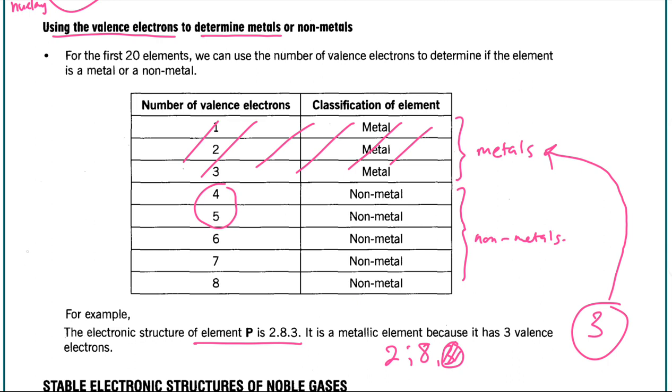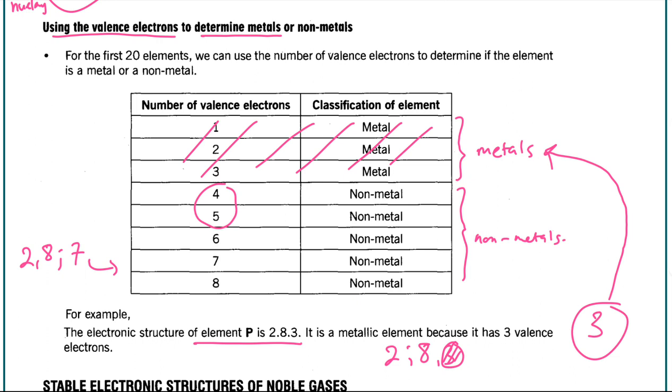And also, if you have something like 2, 8, 7, it means it belongs to the non-metals. So using the valence, you can determine whether something is a metal or not.